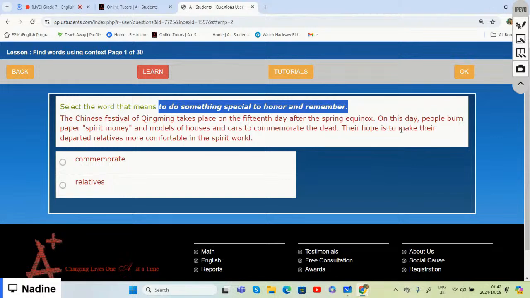Their hope is to make their departed relatives more comfortable in the spirit world. So, what is the word that means to do something special to honor and remember? Is it to commemorate or relatives? Which one is correct?